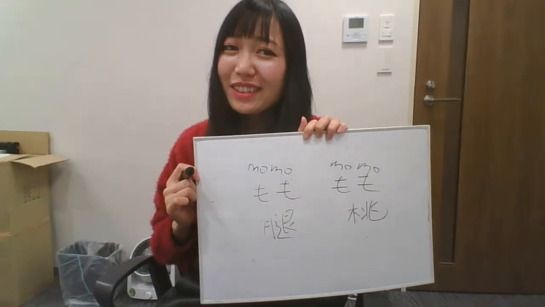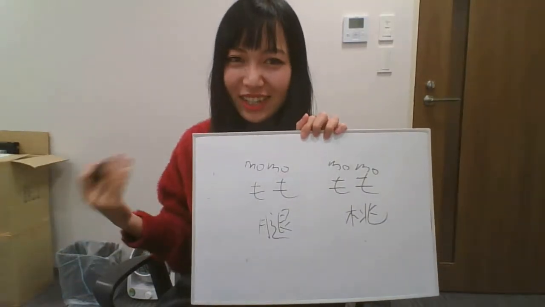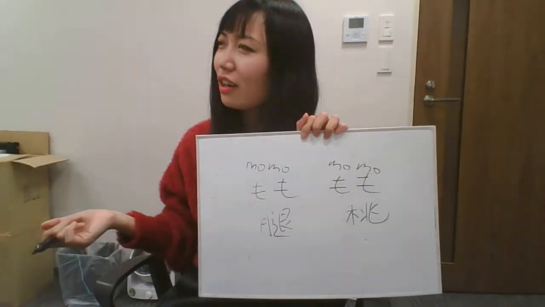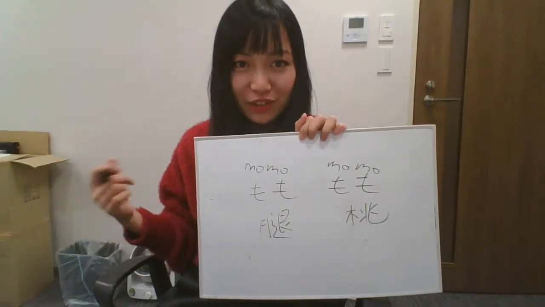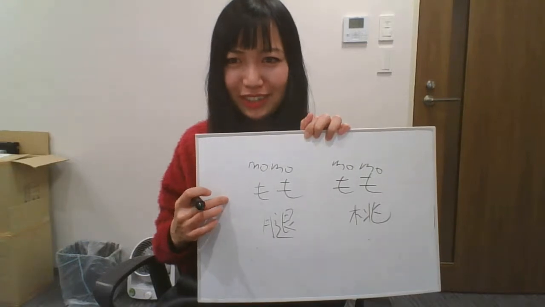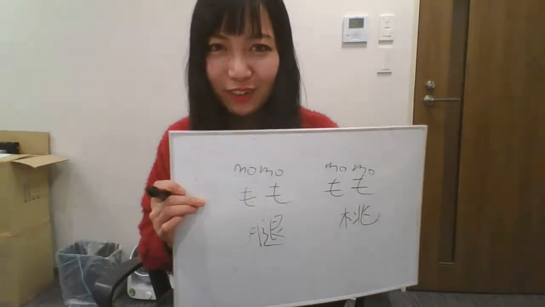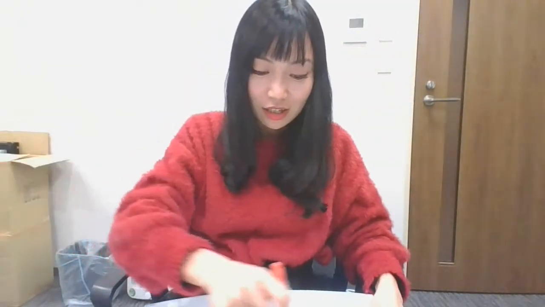But if I don't care about the accent, sometimes they just cannot understand if I say momo or momo. If I want to say I want to eat peach, then people will think I want to eat the leg. This is so difficult to write. Anyway. Okay.